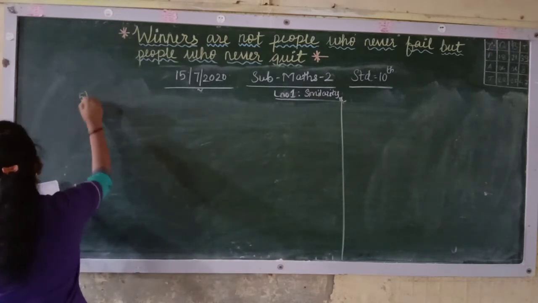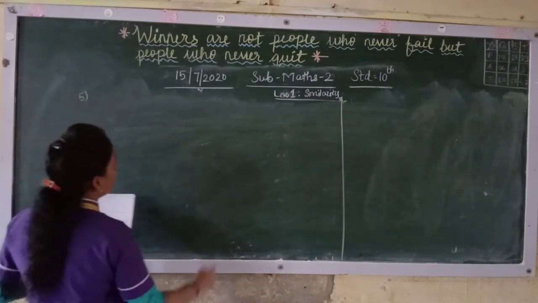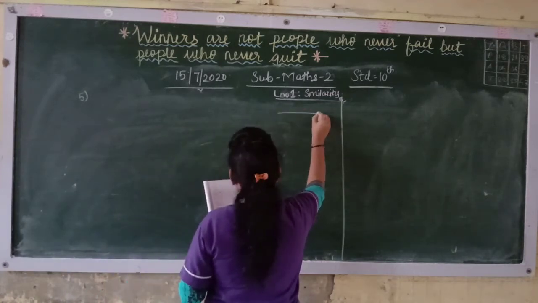So we'll see the fifth one. Given a trapezium, I'll draw the trapezium over here.